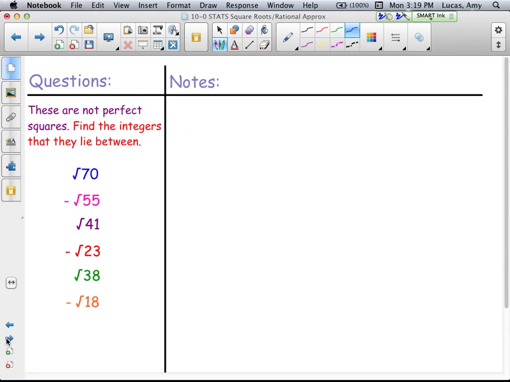Okay, these numbers are not perfect squares. Find the integers that they lie between. This is also a review from when we worked with number lines a few days ago.